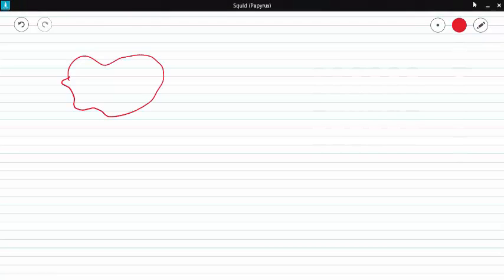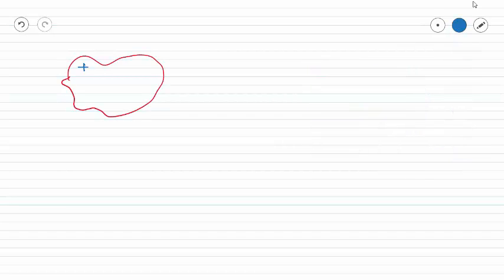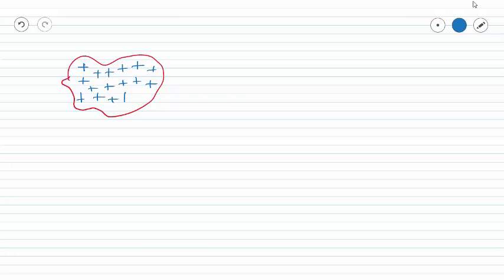Let us take some surface, and say charge is distributed evenly on this surface. Now this is a surface S. Now the surface has a dimension of area.